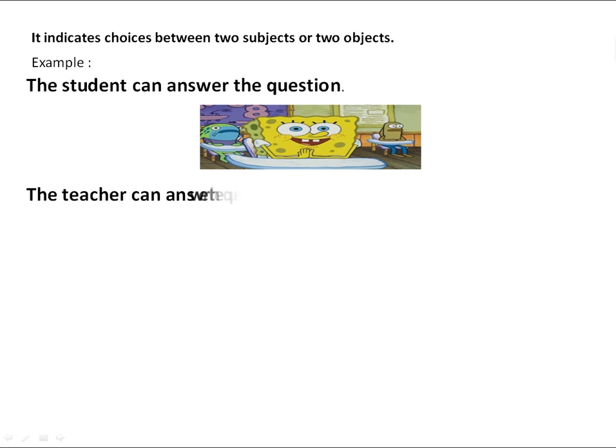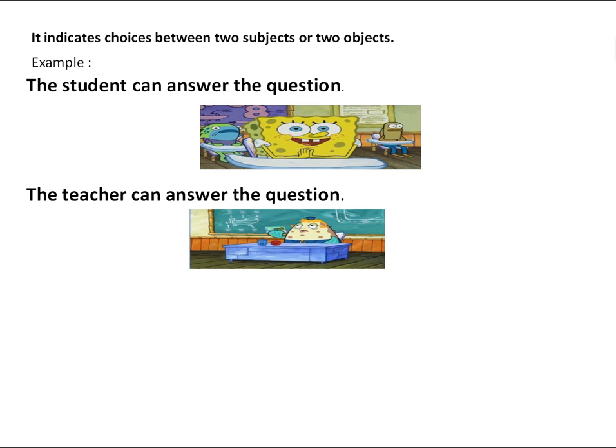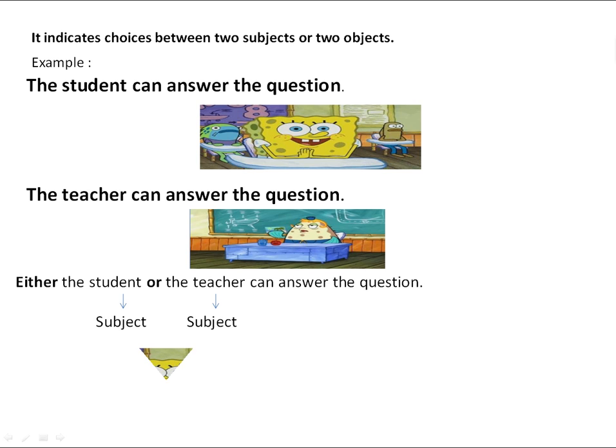The teacher can answer the question. So how can we combine this into one sentence using the correlative conjunction either or? Let's see how. Either the student or the teacher can answer the question. So the student and the teacher are two subjects which are connected with the correlative conjunction either or.